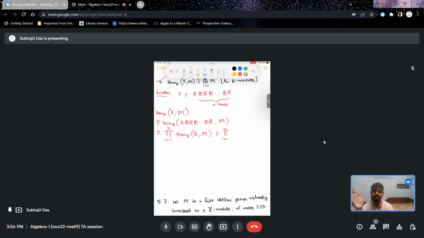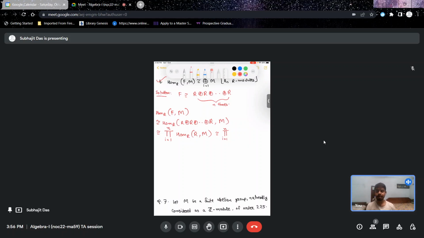The image of 1 completely determines the entire map, and you can map 1 freely to any element. Why? Because R is a free R module over itself, with basis given by the element 1. So 1 can be mapped freely anywhere we want, and then we use the universal property.